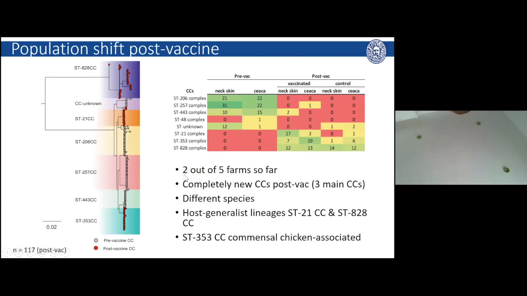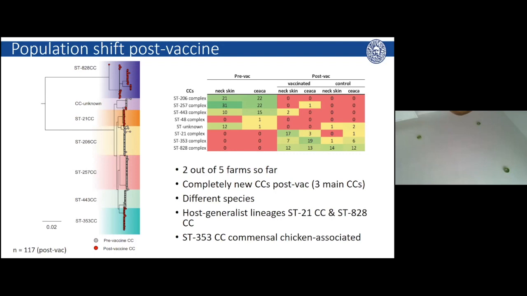At the moment, I've only got around to 2 out of 5 farms sequenced, but the isolates that we found post-vaccination are totally different from the strains that we found pre-vaccination. The clonal complexes in the pre-vac were all common chicken-associated clonal complexes, and in the post-vac isolates so far there's ST21, which is more of a host generalist clonal complex.